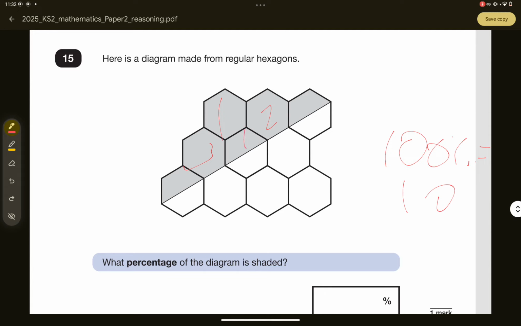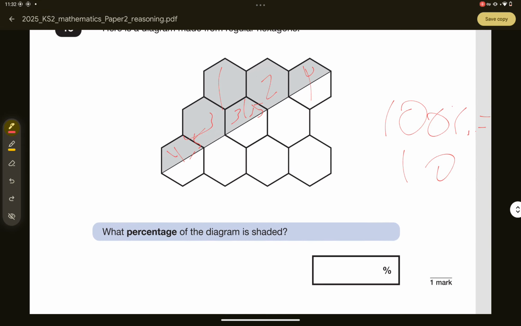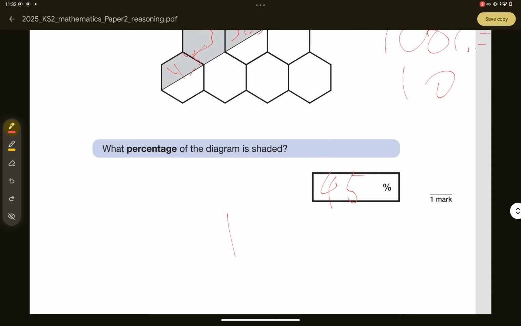And then 4.5 times 10 equals 45%. And why did I times it by 10? Because 100 divided by 10 equals 10.